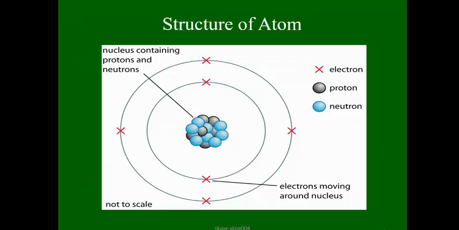Last time we presented this diagram as a structure of the atom, where we have protons and neutrons at the center, and electrons rotating around it randomly. Scientists later discovered that this random description of electrons moving around the nucleus is not enough, because the complete description of where electrons are located is not random.